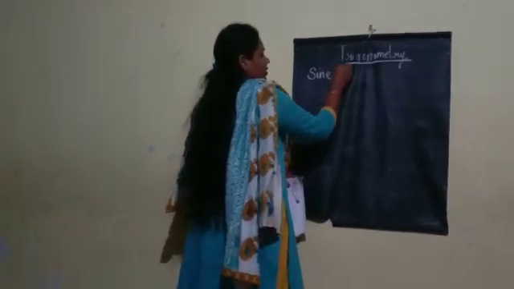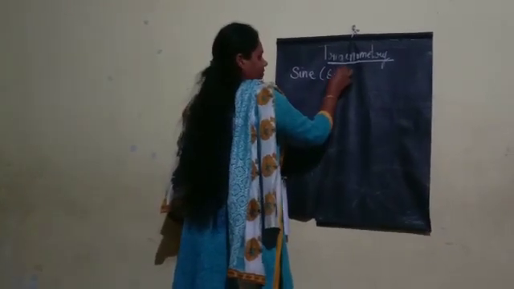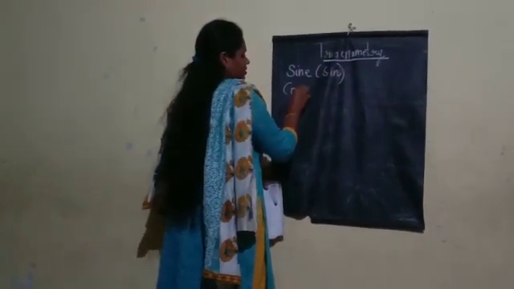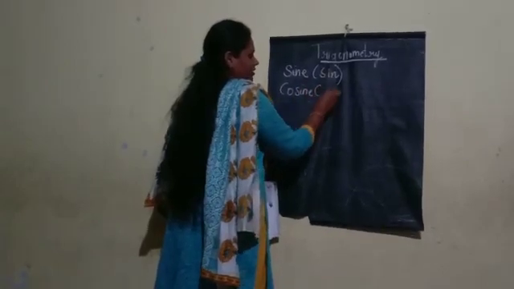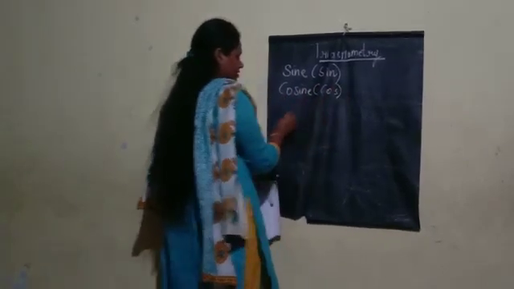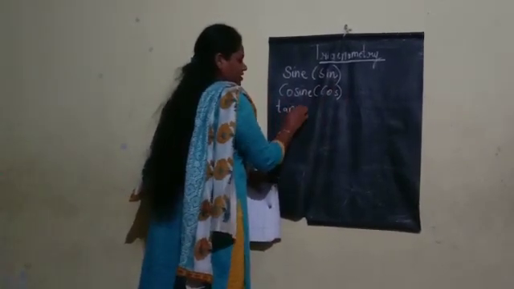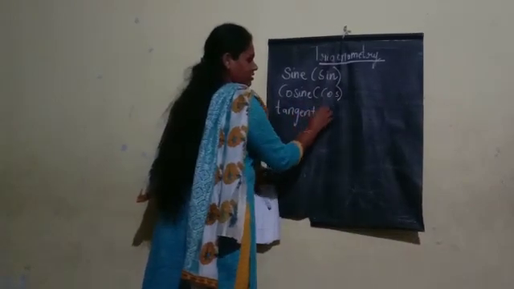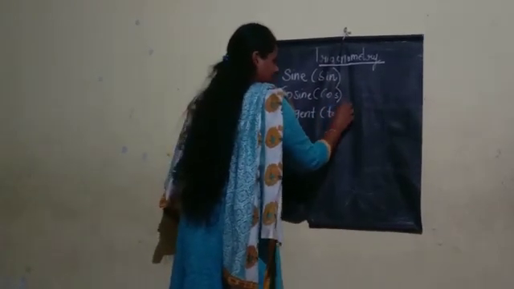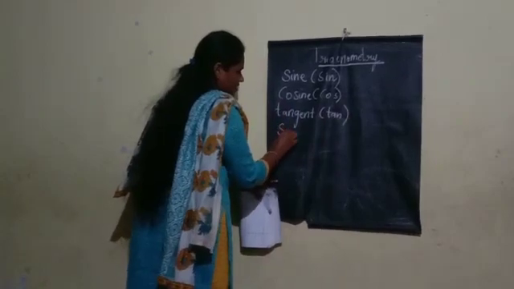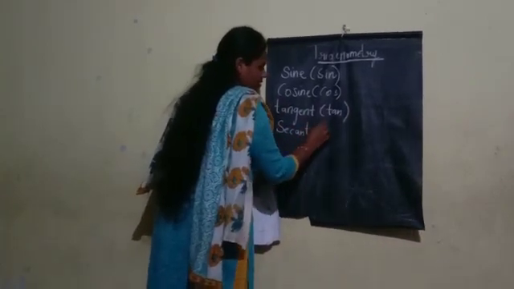Sine. We normally write it as sin. Next one is cosine. We shortly write it as cos. Next one is tangent. Again we write it as tan. Next one is secant.